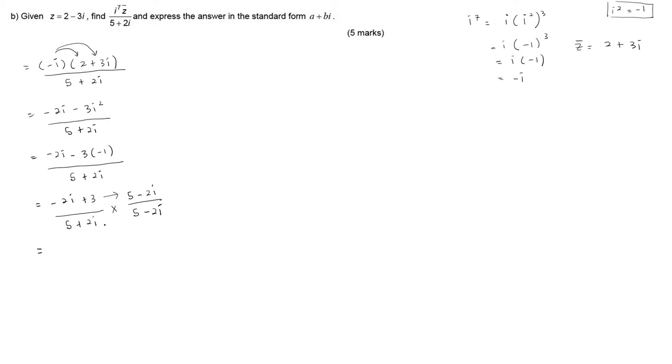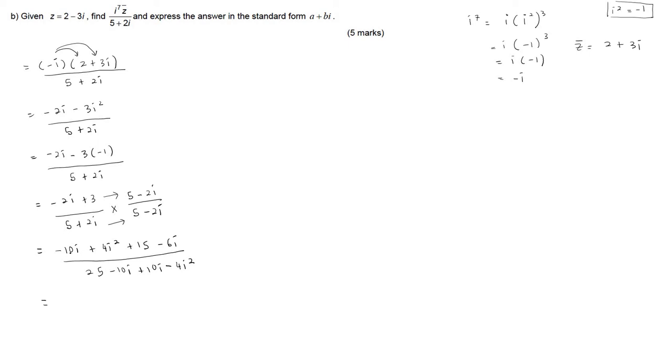Multiply numerator with numerator, denominator with denominator. Negative 2i multiplied by 5 is negative 10i. Negative 2i times negative 2i gives plus 4i squared. 3 multiplied by 5 is 15. 3 times negative 2i is negative 6i. Over 5 times 5, 25. Negative 10i, positive 10i, minus 4i squared.